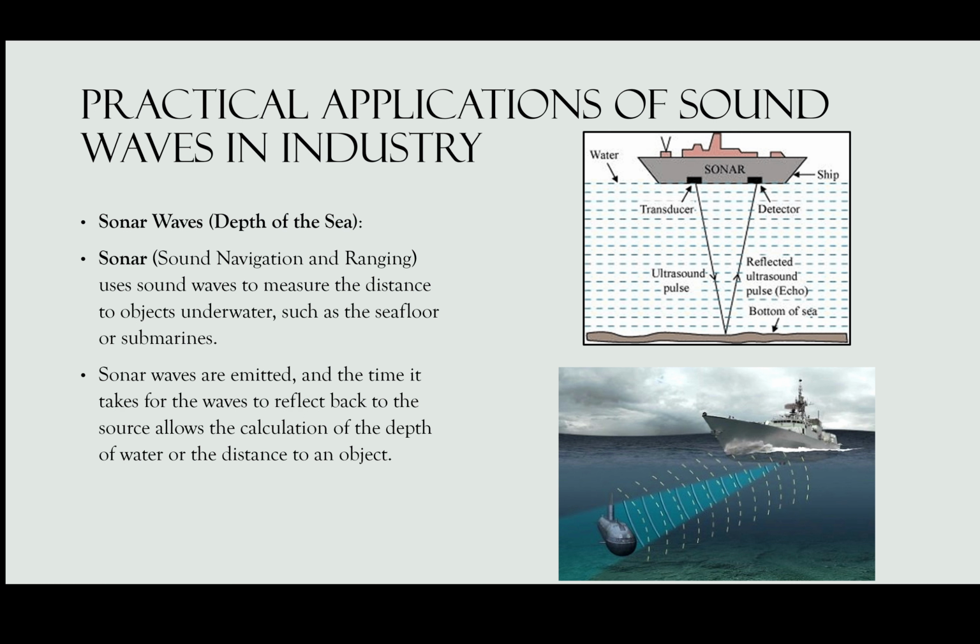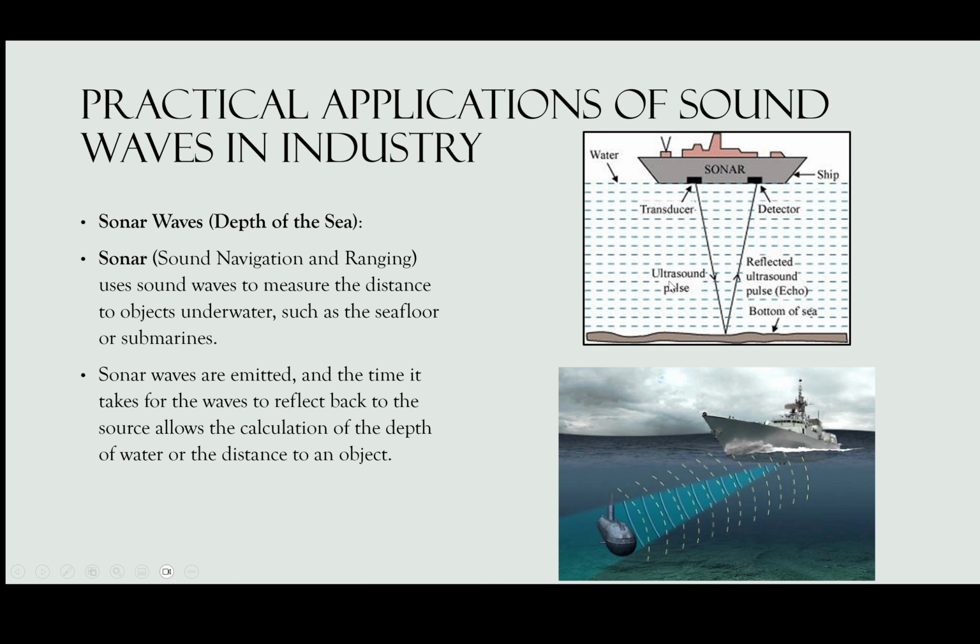It helps to measure the depth of the sea or to detect objects moving at a distance on the surface of the ocean, right? Where we have a ship, we have a transducer and a detector. So what we do is produce ultrasonic sound wave pulses, right? It reflects off of any object and then it is detected by the detector.